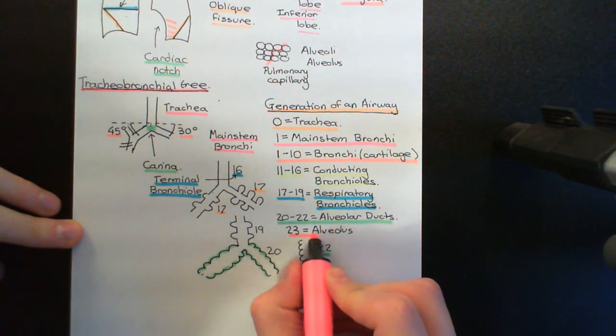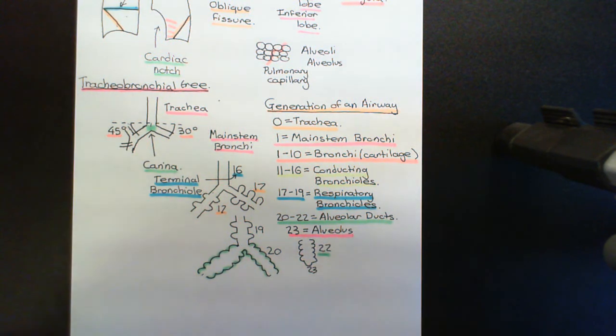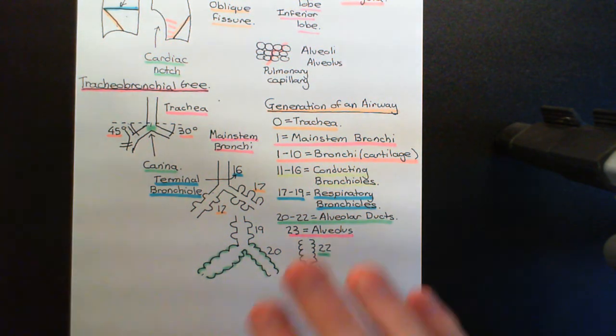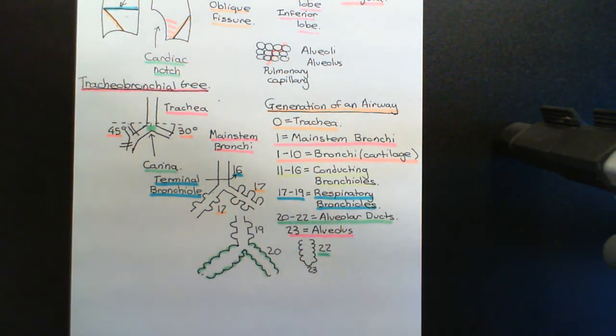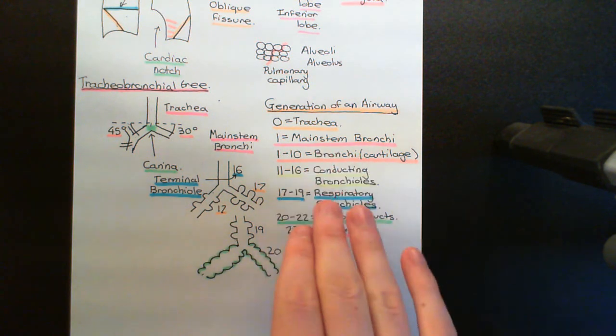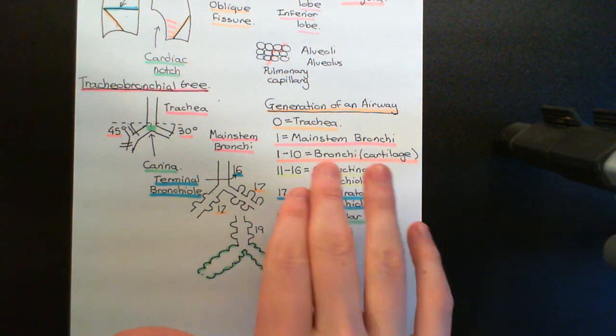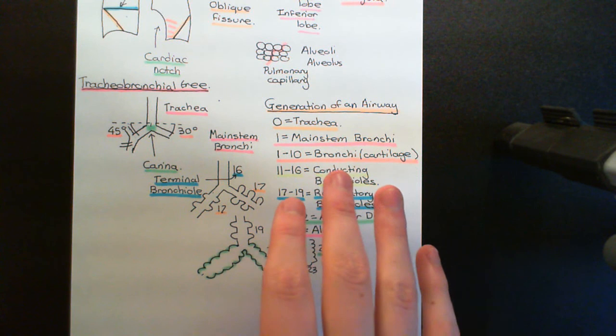Okay, so I hope this gives you some intuition for the tracheobronchial tree. Of course, these numbers, this concept, is sort of our ideal world. This is a model of the real lungs. You will be able to find airways where the generation doesn't match up to its histological appearance.